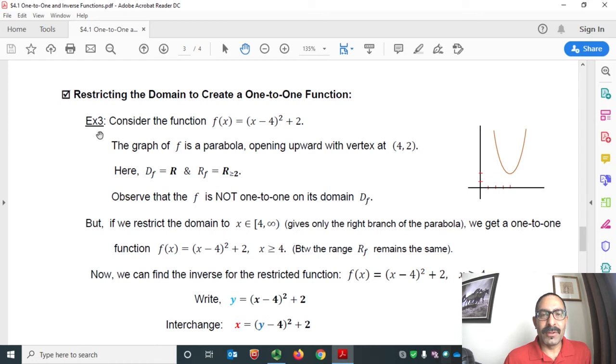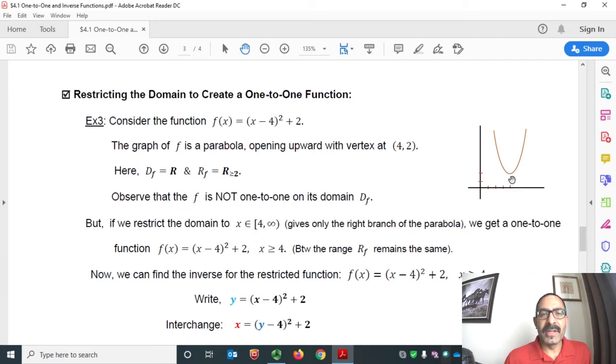In example 3, consider the function f(x) equals (x minus 4) squared plus 2. This is this graph here. It's a parabola opening upwards, whose vertex is at (4, 2). So it fails the horizontal line test. That's why it does not represent a one-to-one function.